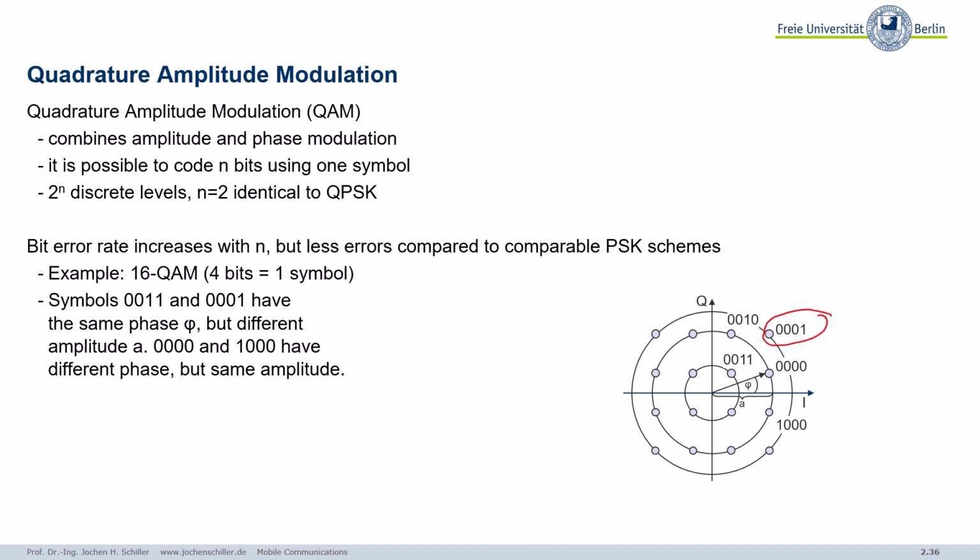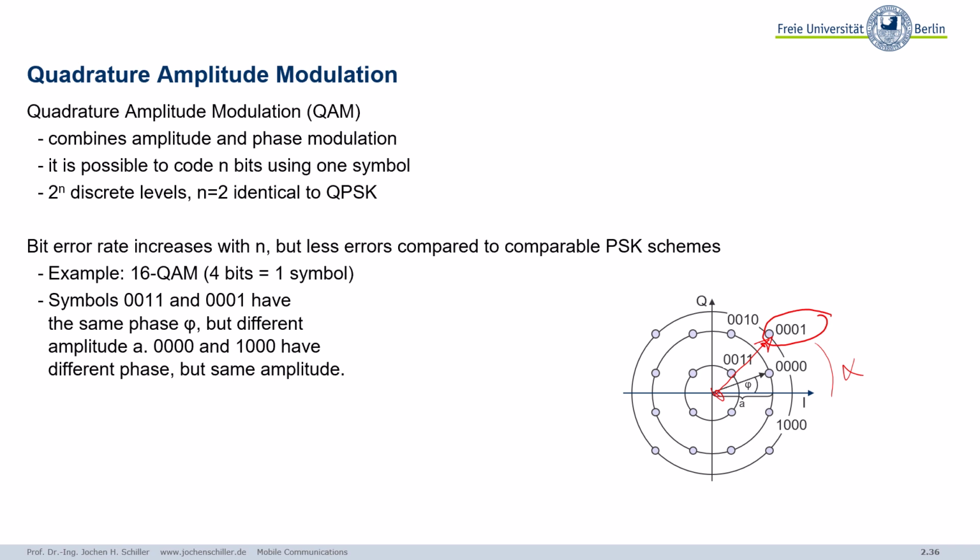And this represents basically a certain magnitude of the amplitude, so how strong is the signal, and a certain angle. So that's the idea. If you look at the symbol 0011, so 4 bits coded into this, and 0001, it's the same phase but different amplitude, or you find other examples with different phase and same amplitude.